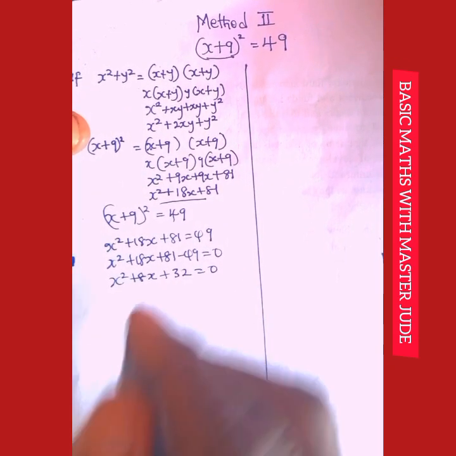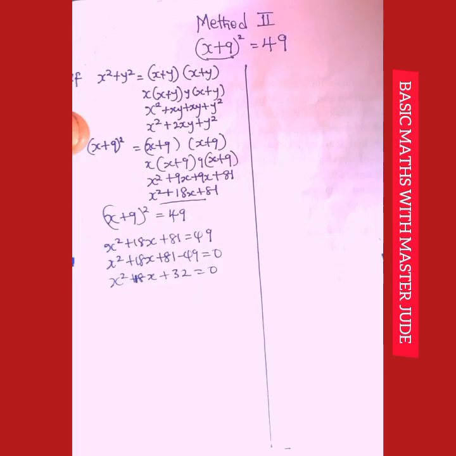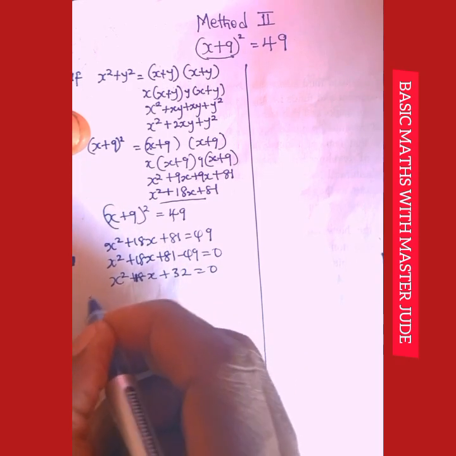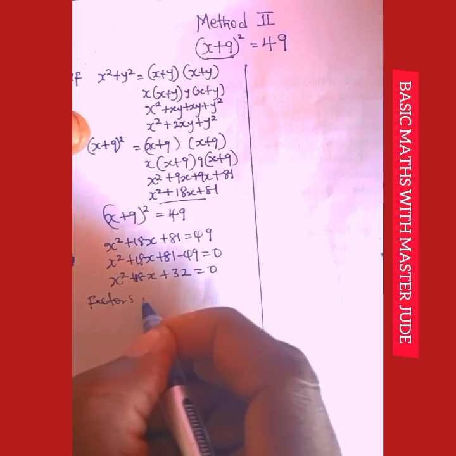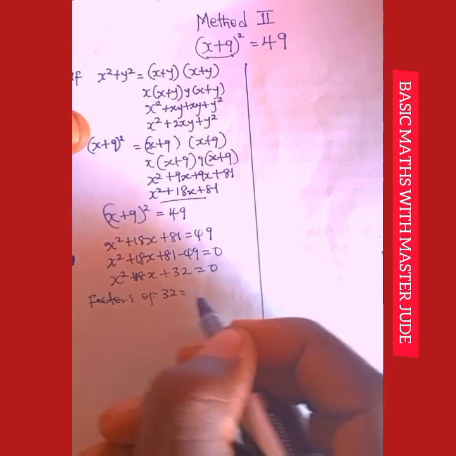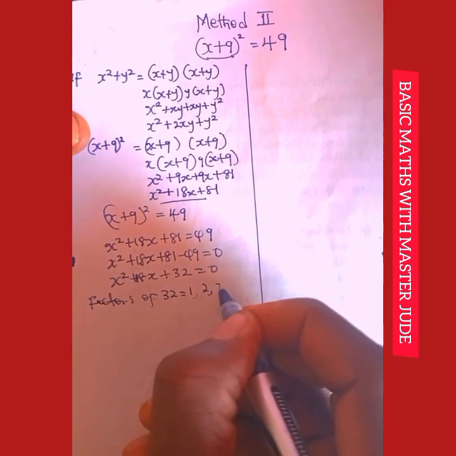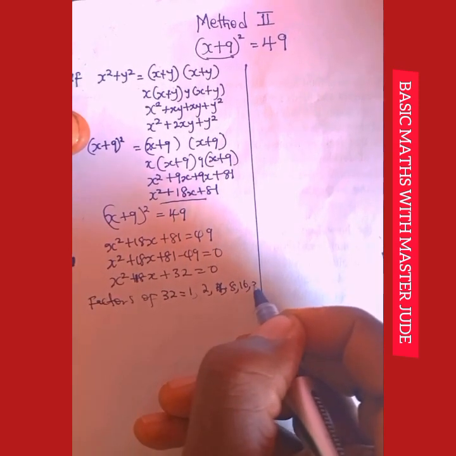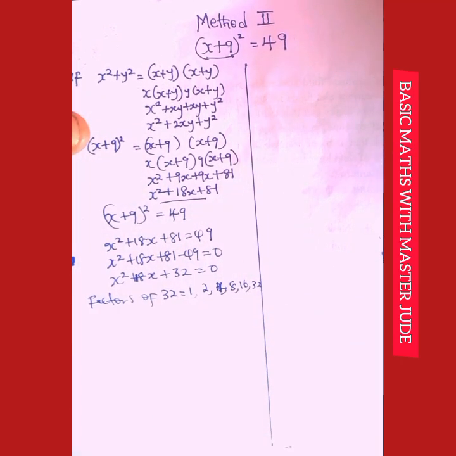Now we've gotten a quadratic equation. Then we are going to use the factorization method to solve, and we are going to look for the factors of 32. The factors of 32 are 1, 2, 4, 8, 16, and 32.